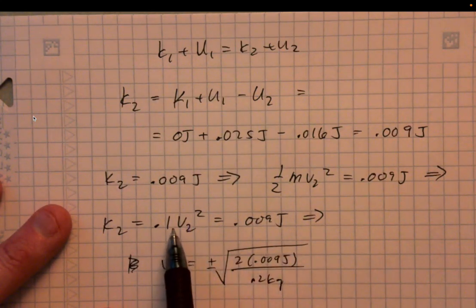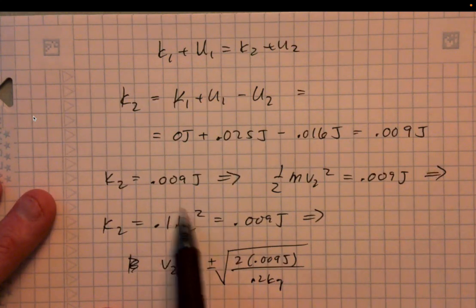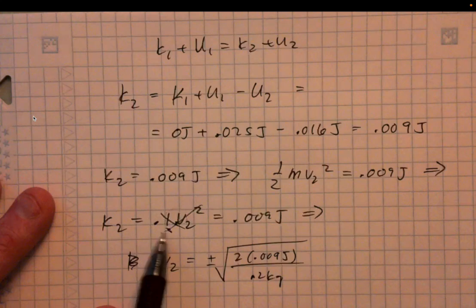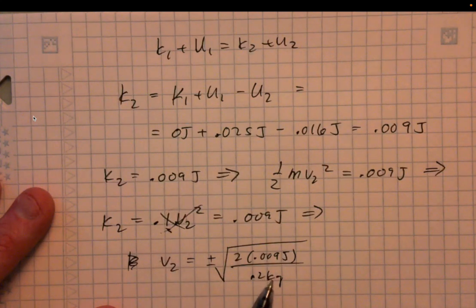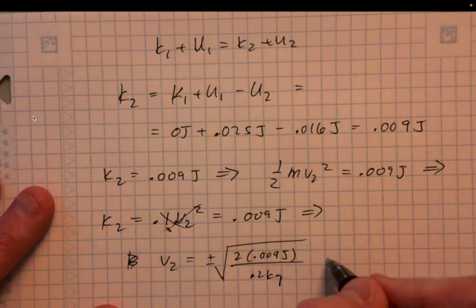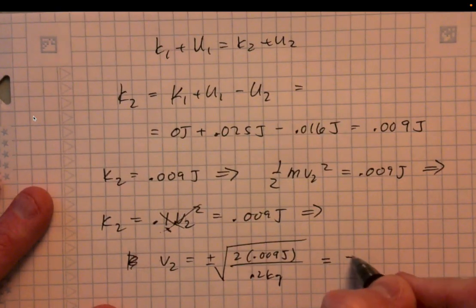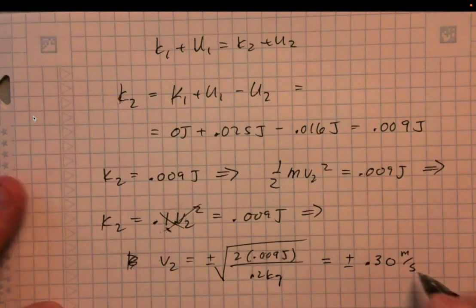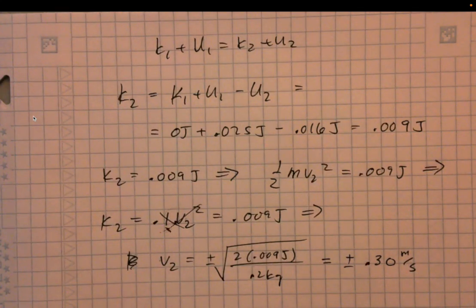Apologies, I kind of reverted back to the original instead of using this. So it's all the same. That all works out to be plus or minus 0.30 meters per second. This is a velocity, remember.